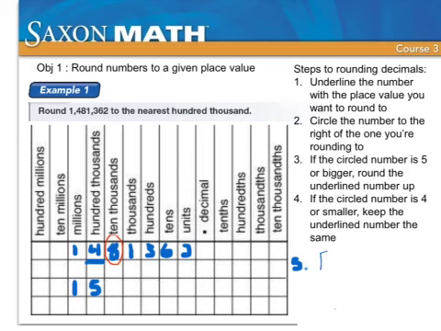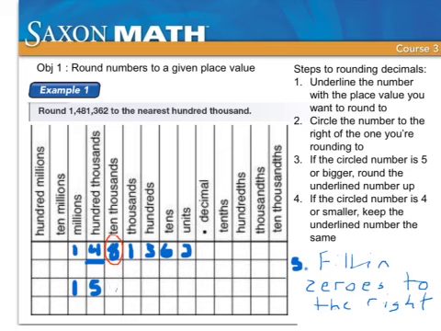Okay, so we'll fill in zeros to the right. By filling zeros to the right, I mean all these other places to the right of the number I underlined, I'm going to fill in with zeros.